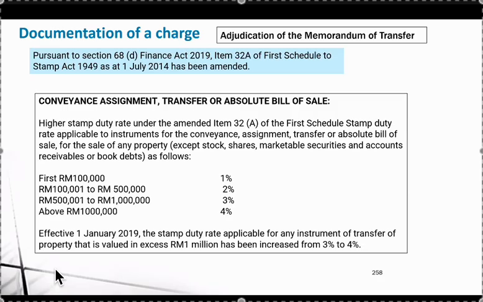All right, I'm going to write this formula down for you guys. MOC stamping calculation is based on 0.5% of the loan amount. MOT stamping goes like this, yeah? It's based on current market value.